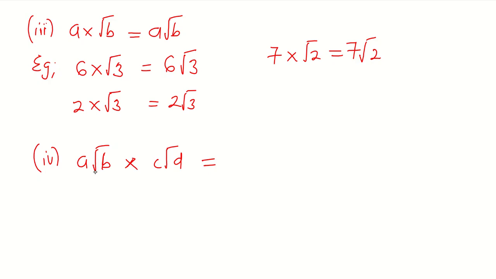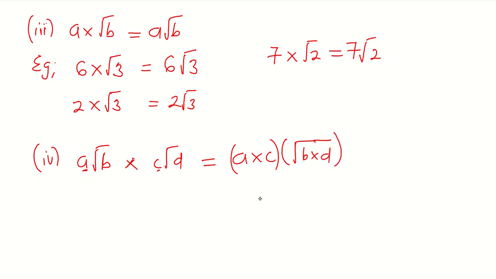Now the coefficient of the square root of B is A, and the coefficient of the square root of D is C. So this means that we are going to have A times C in one bracket, and you multiply the square root numbers, that is square root of B times square root of D.